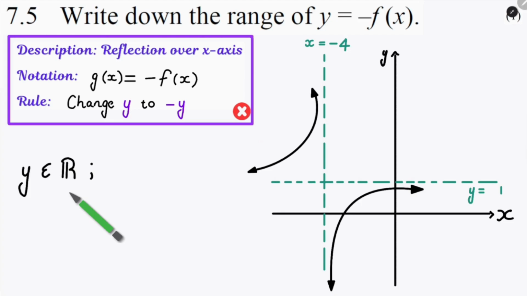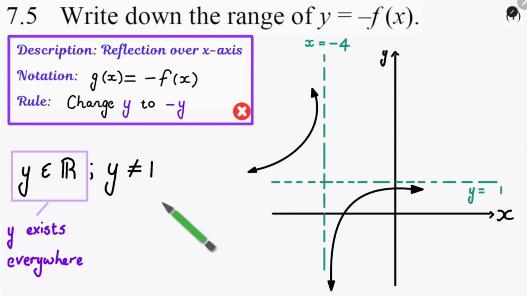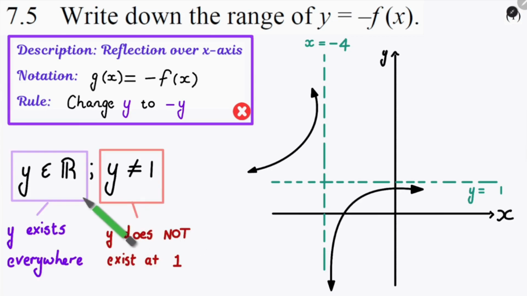We put a semicolon next to that. And then we state that y cannot equal -1. And in summary, what that says is y exists everywhere, but y doesn't exist at -1. At +1, sorry. It's an asymptote. The graph never ever touches that y value. And you just get 1 mark for the correct answer for this question.